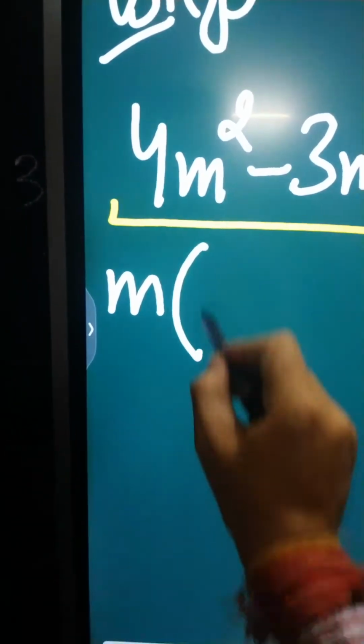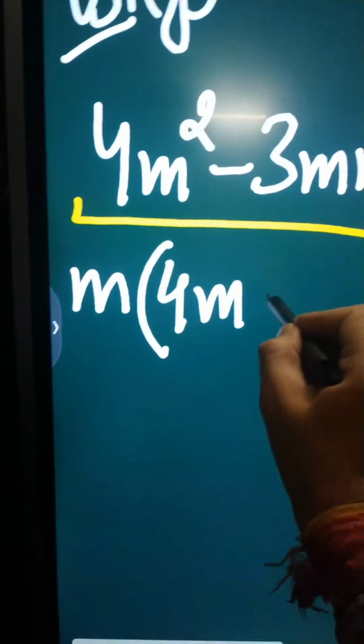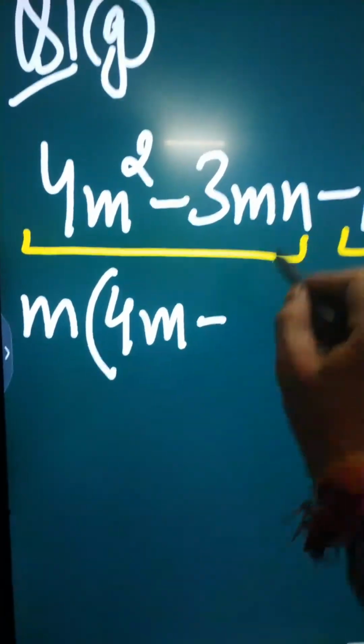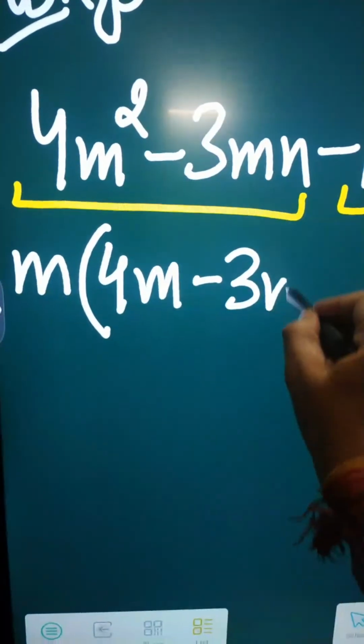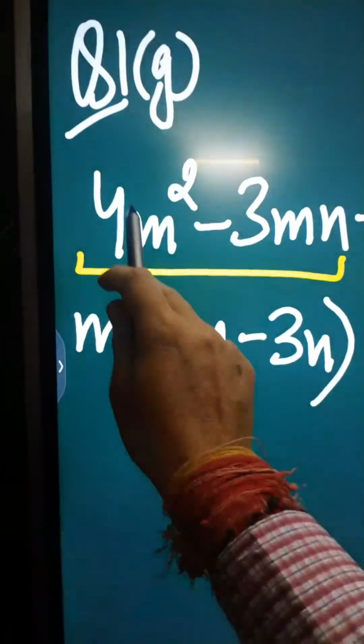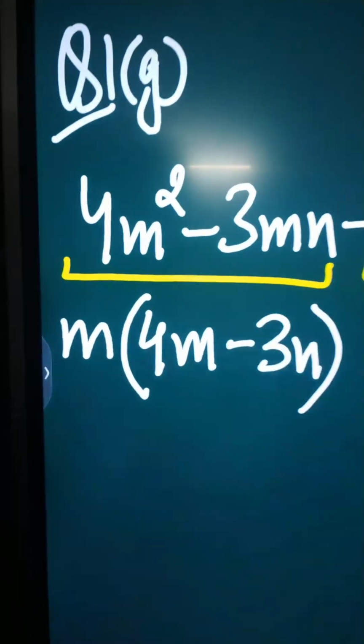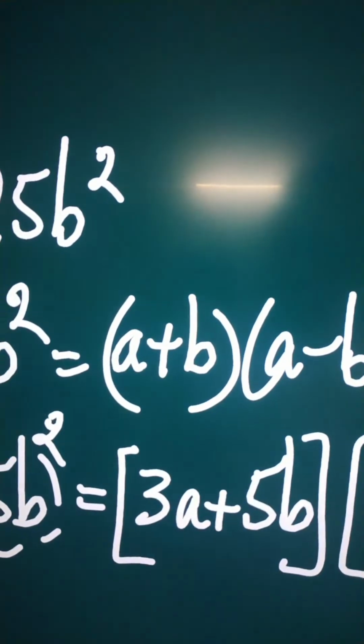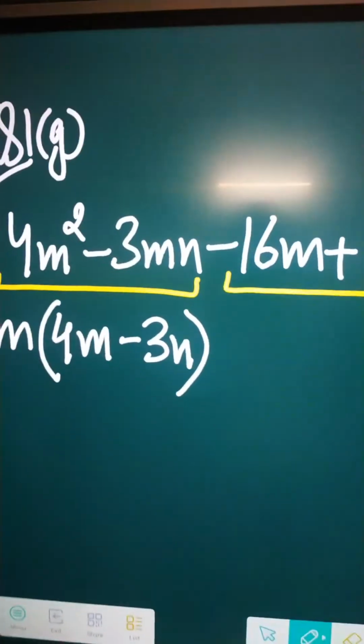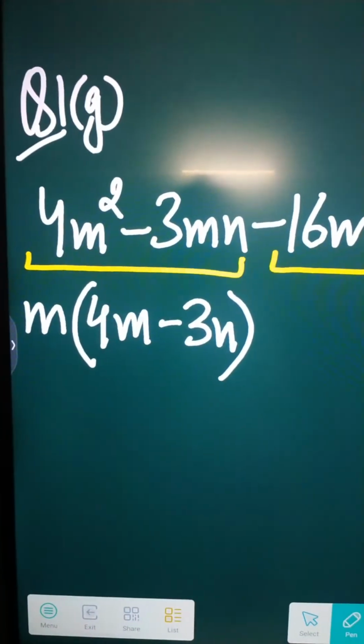What will come inside? 4m minus 3n. That is the HCF of 4m square and 3mn, by the method we did before. So m into 4m minus 3n.